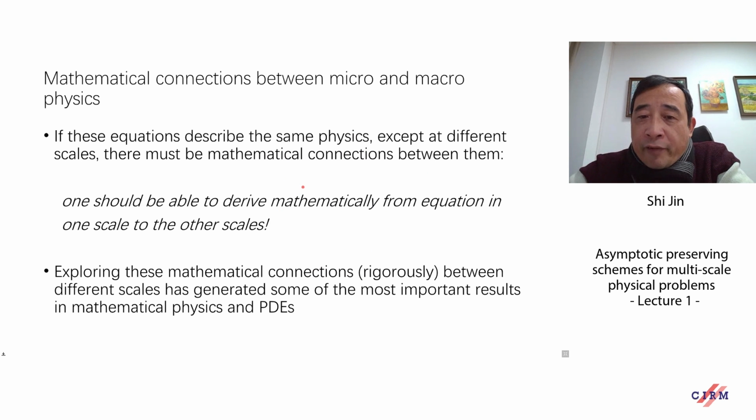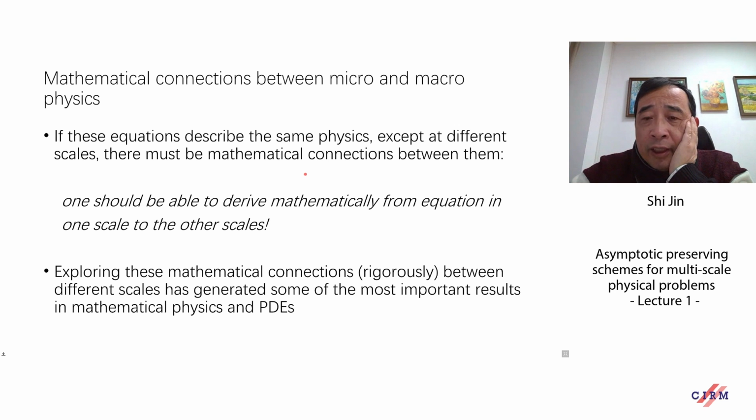All right, so now you have seen all the fundamental equations at all different scales. And then the question is, as I said, all these equations can describe the same physical phenomena, but at different scales. Then you wonder if they describe the same physics, and the only difference is that they are used at different scales. There must be some connections, right?